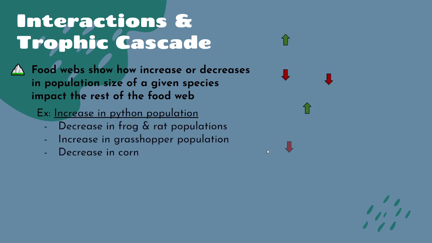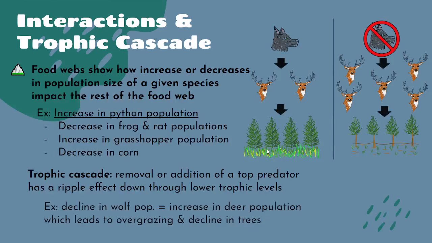Now, within a food web, it also gives us an idea of how organisms can change in terms of number based on changes within that food web. This brings up the topic of a keystone species, which we'll spend more time on. But if one organism increases or decreases within a specific food web, it would have an impact on all of the organisms, both above and below, in some way, shape, or form.